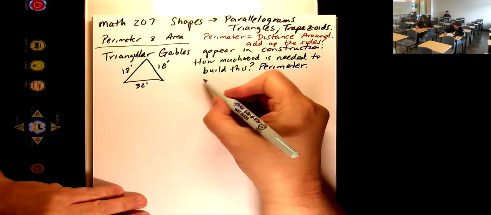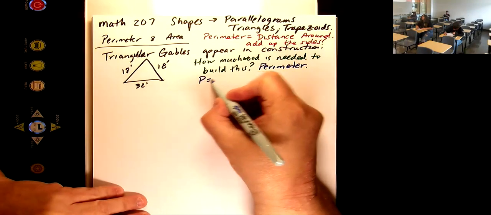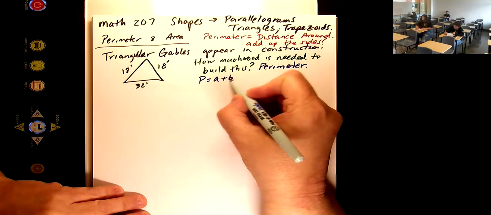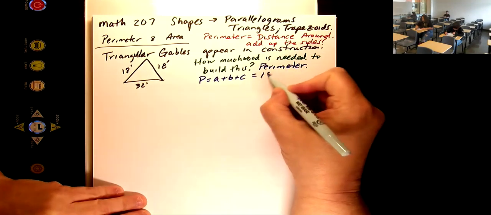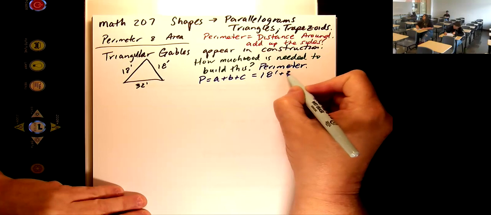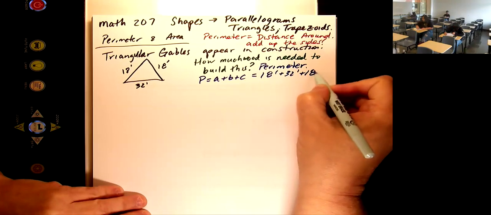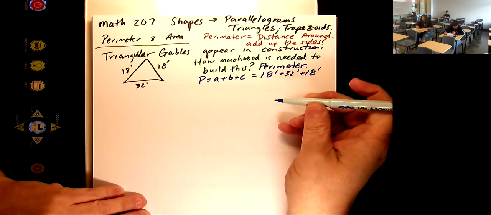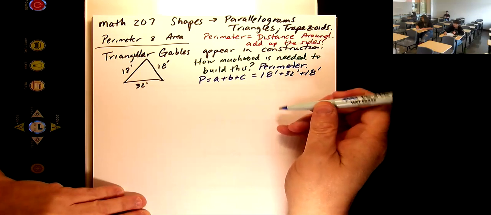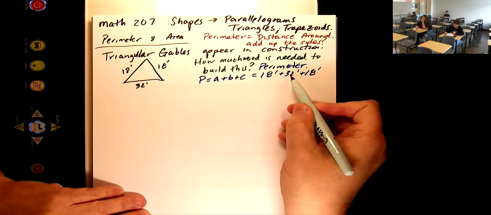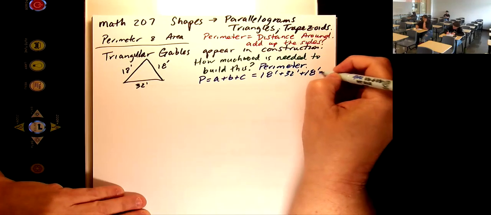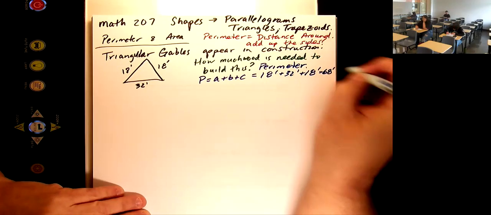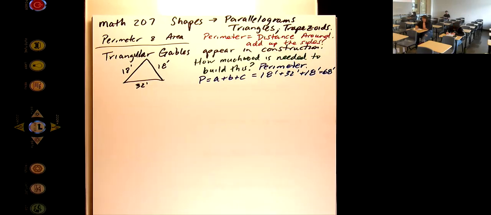So the perimeter of a triangle is you add up A, B, and C, the three sides: 18 plus 32 plus 18. 32 and 18 is 50, plus another 18 is 68 feet. So we need 68 feet of wood to make that triangular gable.